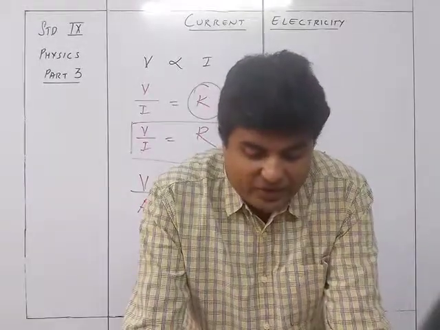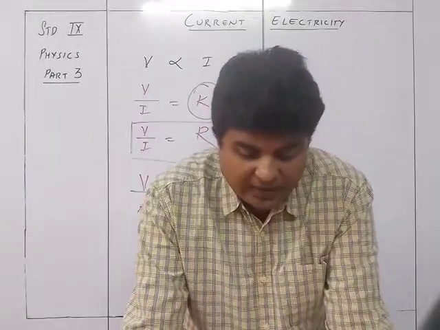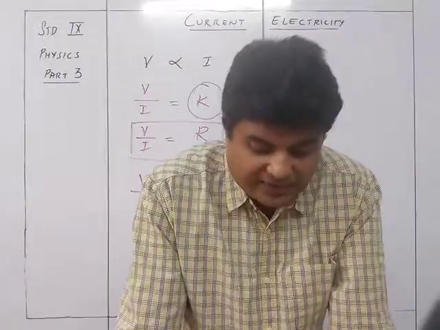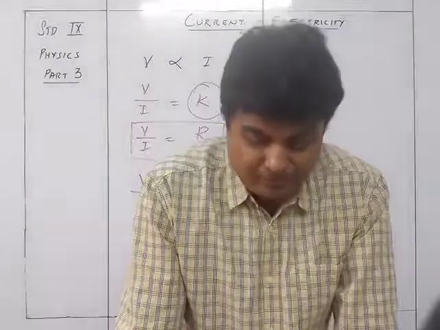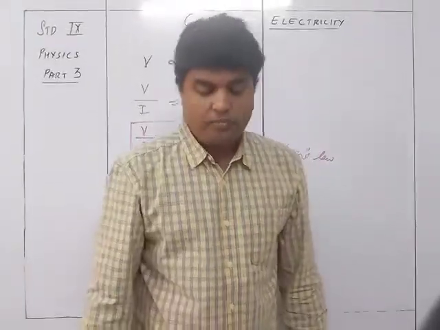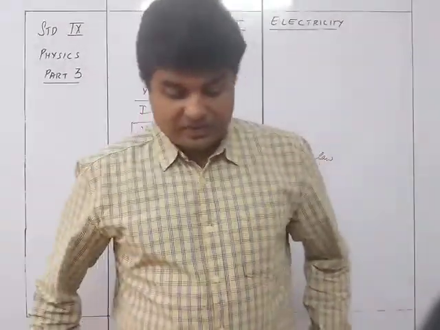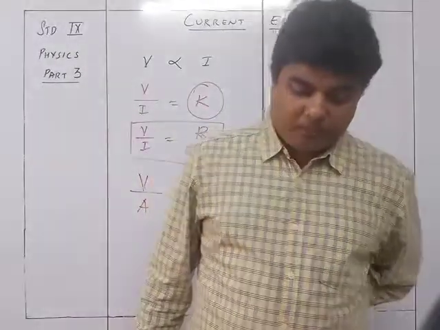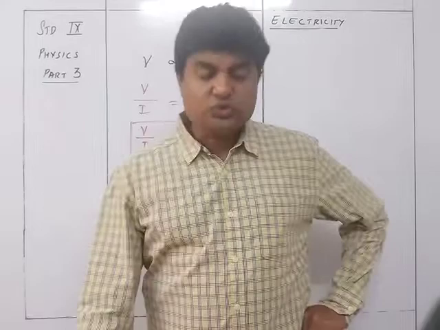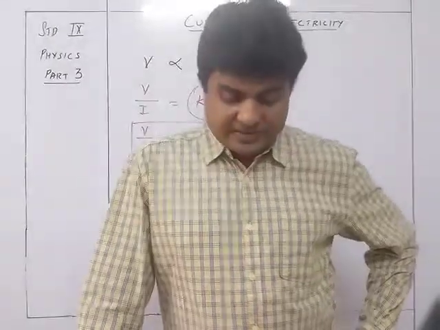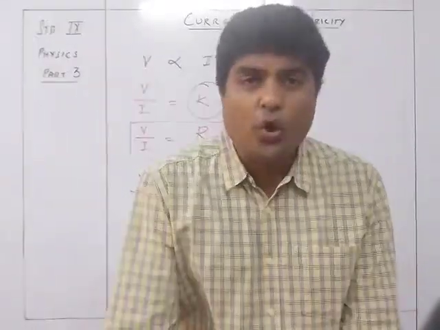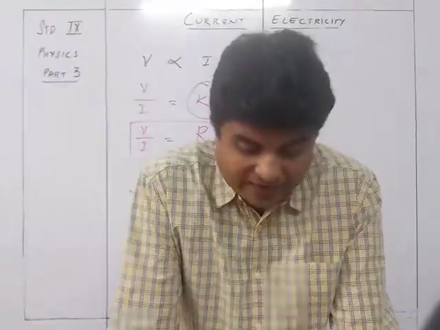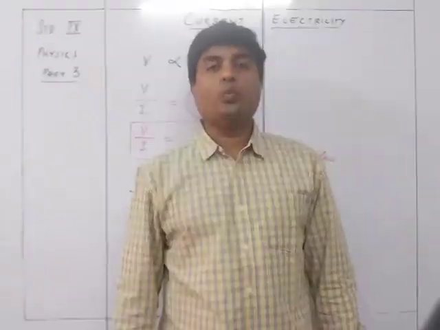The SI unit of potential difference is volt V and the current is ampere A. Hence the SI unit of resistance is volt per ampere, which is named as ohm, symbol omega. Thus 1 ohm is equal to 1 volt upon 1 ampere, or 1 omega is equal to 1 V upon 1 A. We can define 1 ohm as follows: the resistance of the conductor is said to be 1 ohm if a current of 1 ampere flows through it when the potential difference across its ends is 1 volt.